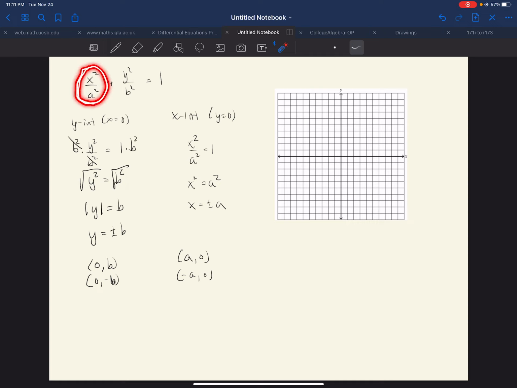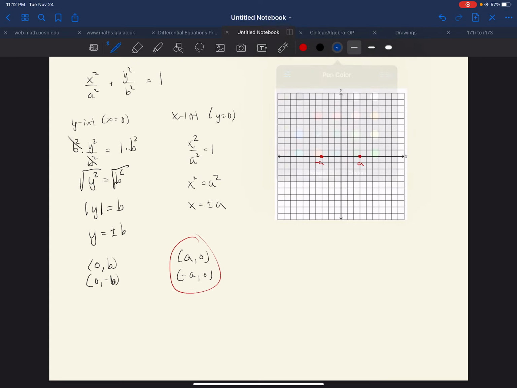Notice whatever's under the x, if you square root it, since it's attached to that x, it tells you how far to go left and right. So if I went over here to negative a, and it looks like it's 3, then let's come over here to a, then those are these 2 points right here.